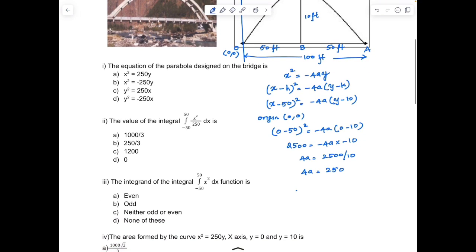So the equation becomes x square is equal to minus 250 times y.